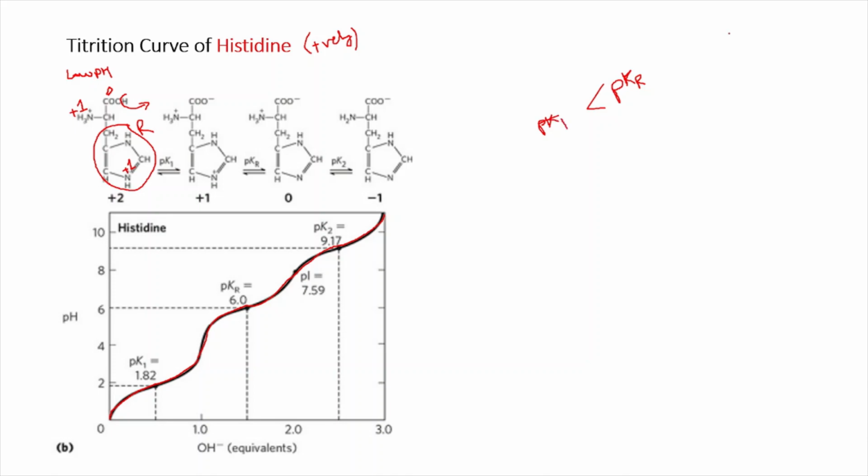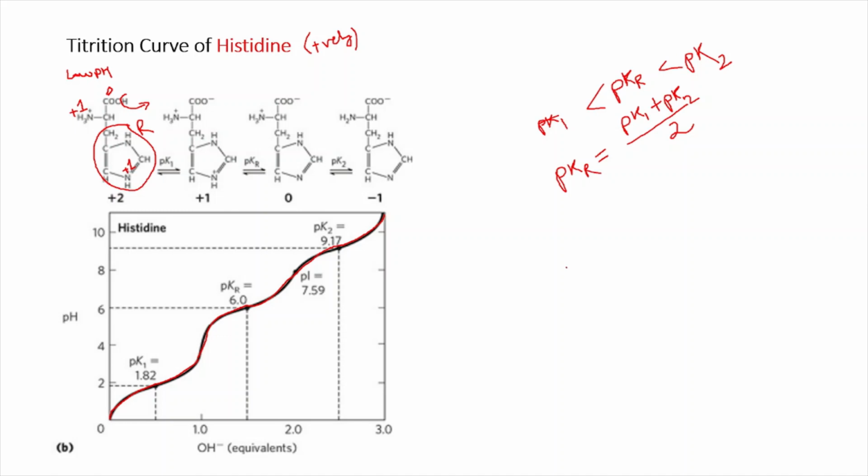This is the pK1, and it lies before pK2. So pKr is given as pK1 plus pK2 by 2.